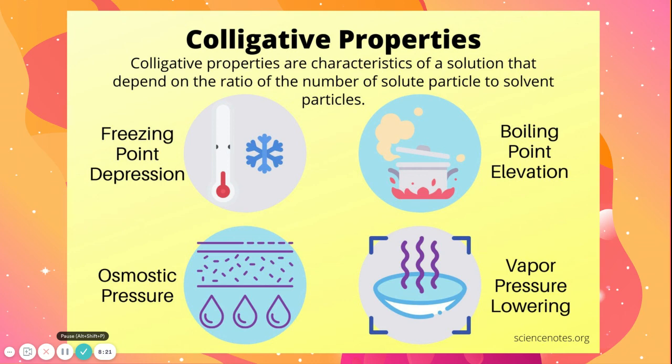We can take whatever the solute is and add it to our solvent, dissolve, and that will then lower the amount of energy required or the amount of energy released in order to reach a freezing point or a boiling point. We can also do that with pressure.